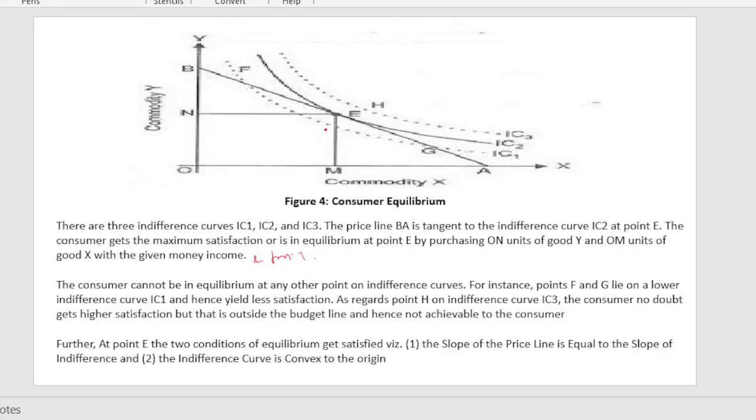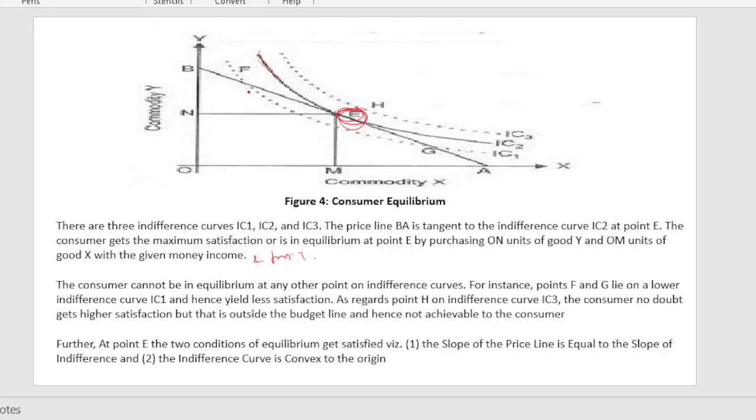According to the consumer equilibrium conditions, first the budget line is tangent to the indifference curve, and yes, here the budget line is tangent at point E. Also the indifference curve should be convex to the origin. Here the indifference curve is convex to the origin and also tangent to the budget line. So this is the point of equilibrium.